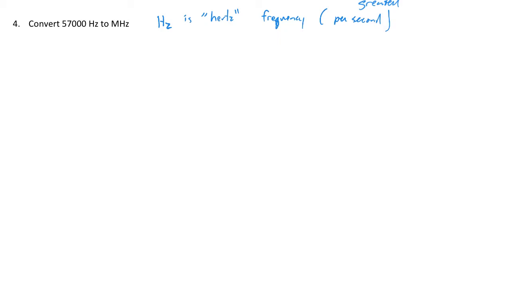Okay, that's hertz. And M is a metric prefix. Now you're going to go ahead and learn the metric prefixes. What M stands for is 10 to the 6, or 1 million.